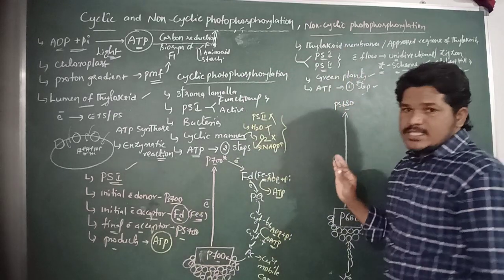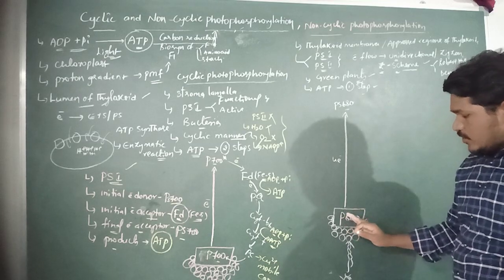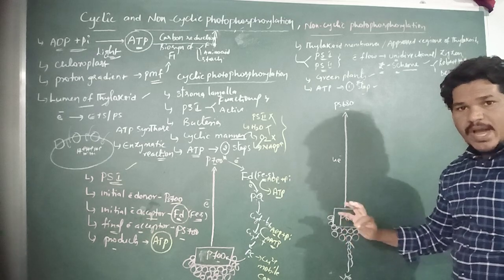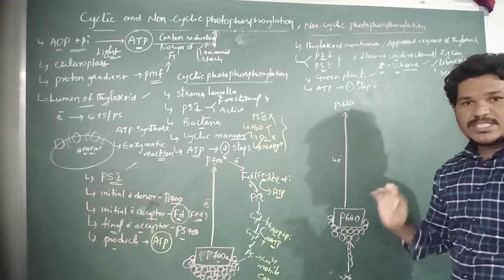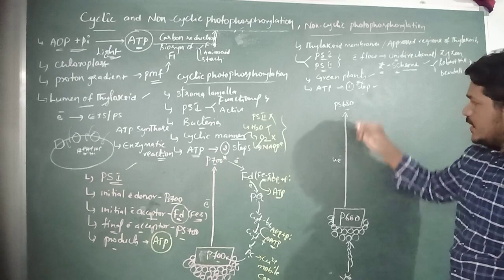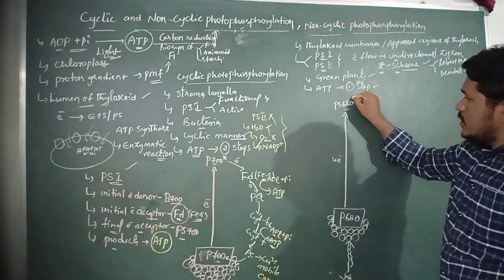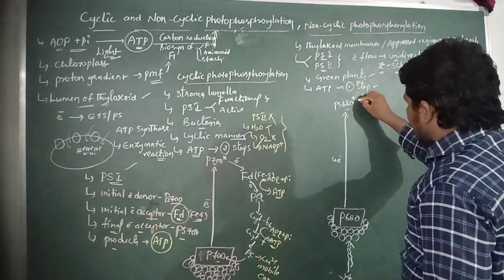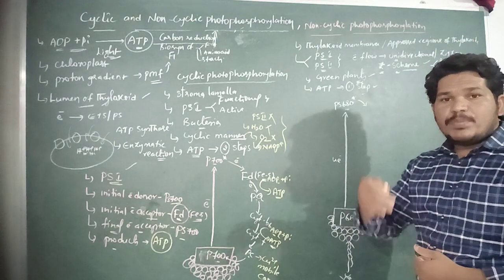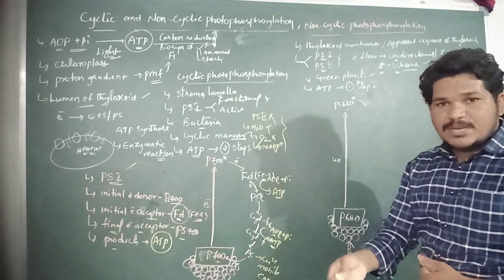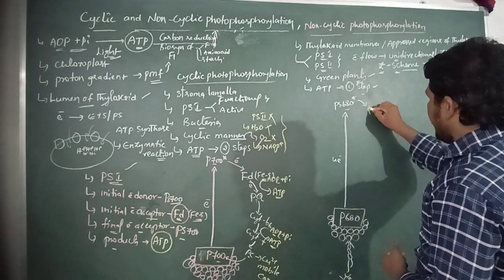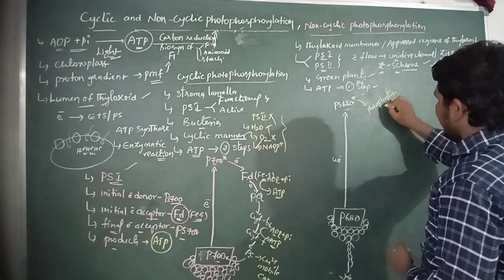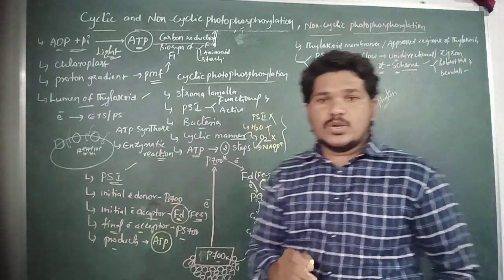The reaction center of photosystem 2 absorbs sufficient energy from the sunlight, releases electrons and goes to the excited state. The excited P680 donates its electron to the primary or initial electron acceptor, pheophytin, which is a modified chlorophyll pigment.